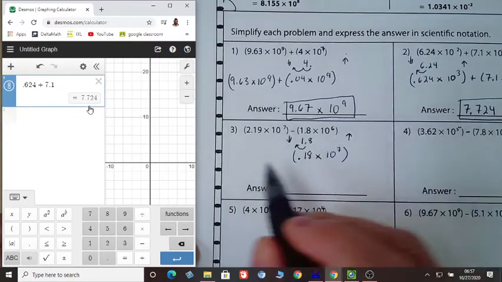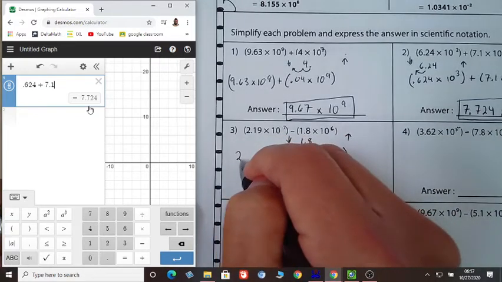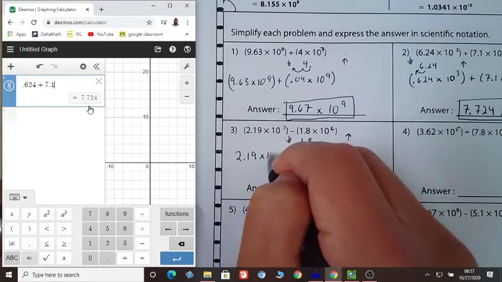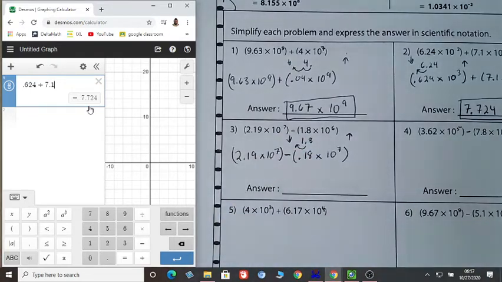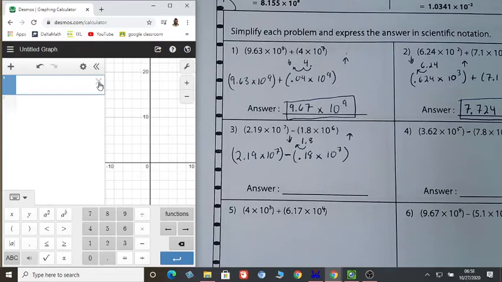And over here I have a 2.19 times 10 to the 7th, and I'm subtracting. So let's subtract 2.19 minus 0.18.